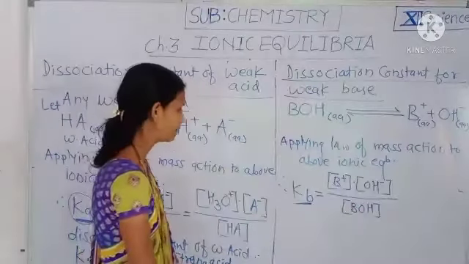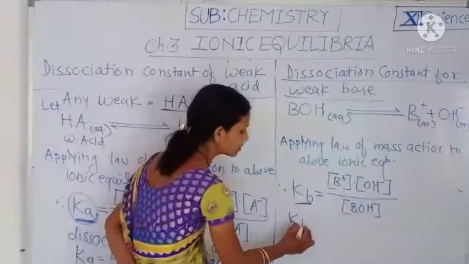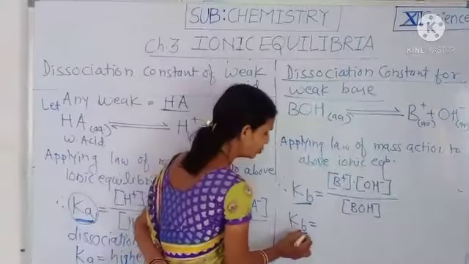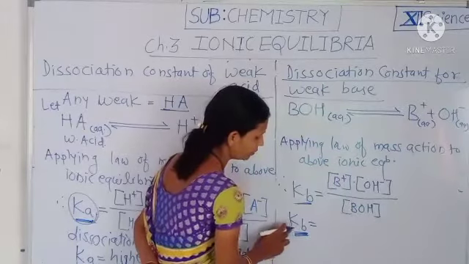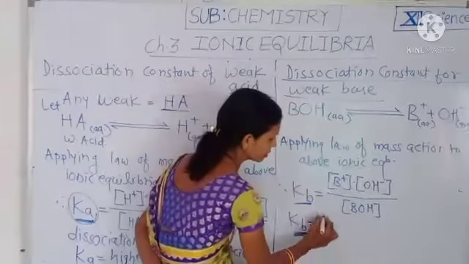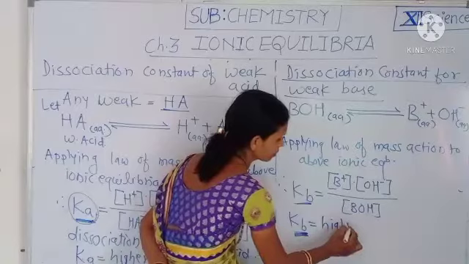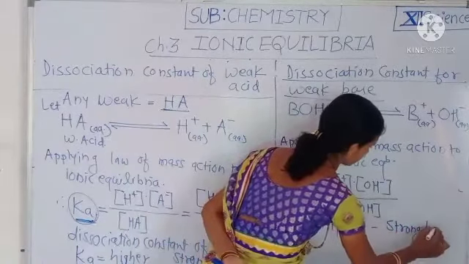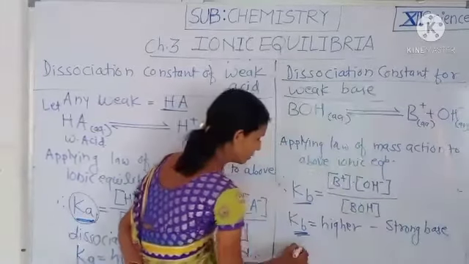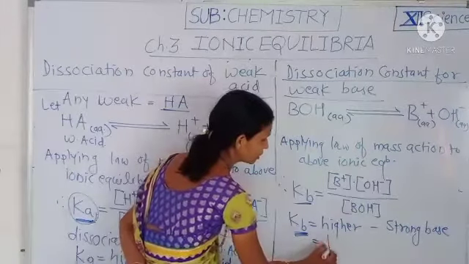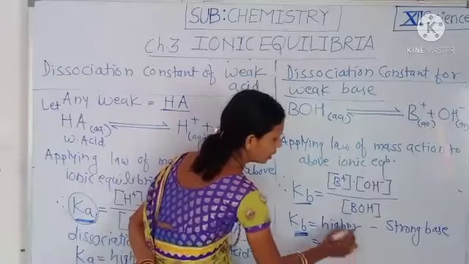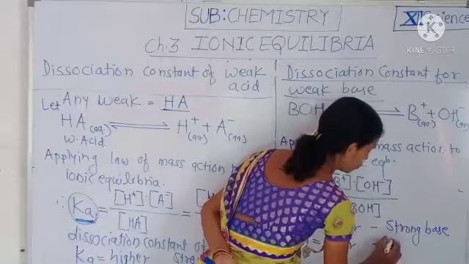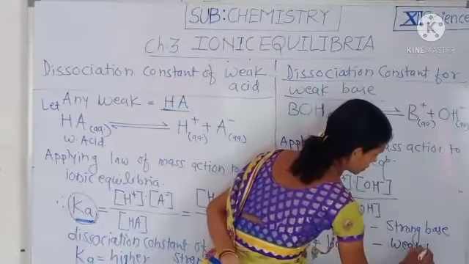Then similarly we can determine the strength of a base by using the value of Kb. If the value of Kb for that base is higher, then that base is a strong base. And if the value of Kb is lower or less, then that base is a weak base.